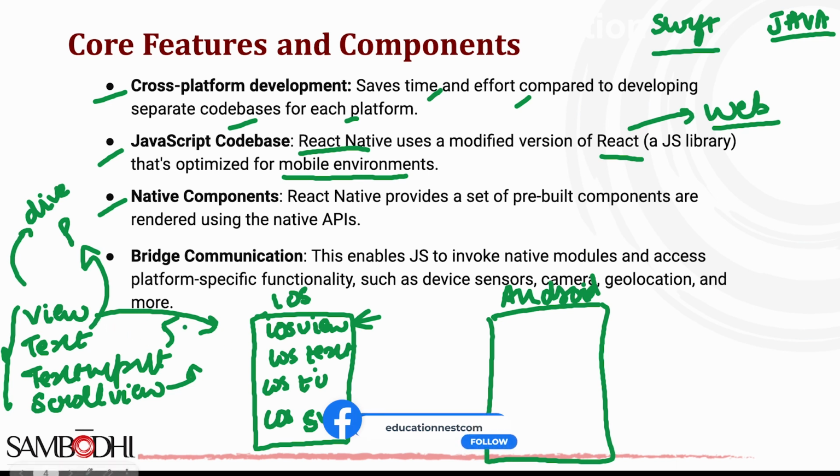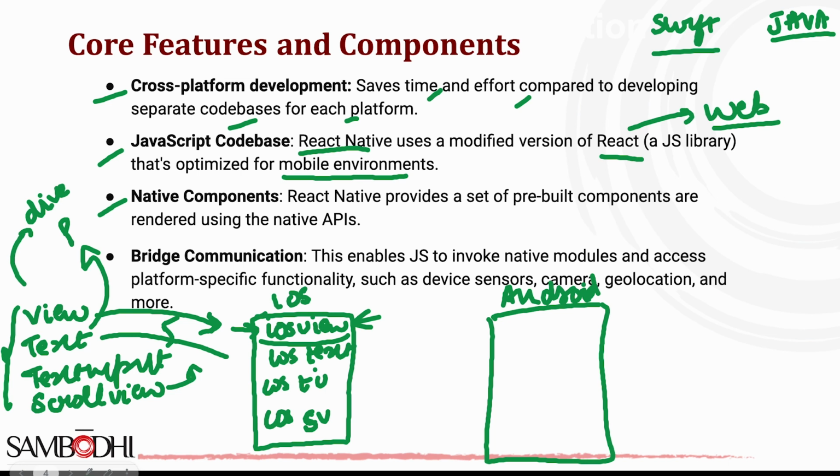So when this View is loaded, and if we are developing for iOS, it will go to the native side and check what corresponding component is available for that to get loaded. It will leverage the iOS View component, which will replace it, and this view is going to be loaded on the screen.